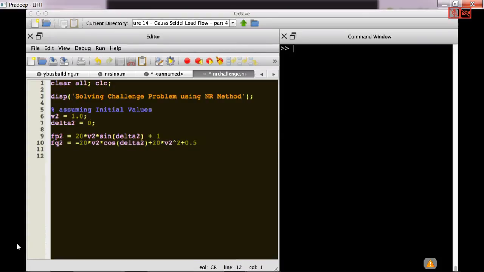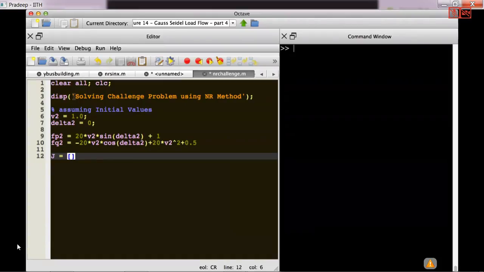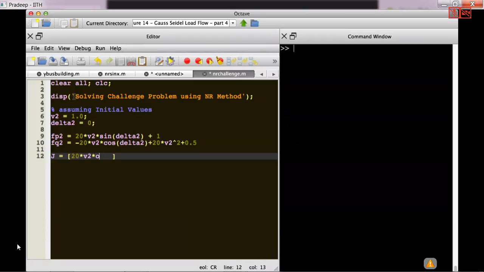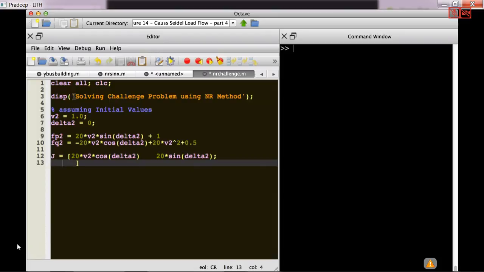Now I should also calculate the Jacobian matrix. So my capital J equals, it will have four elements. The first element is 20 v2 cos delta 2, we just now solved it: 20 into v2 into cos of delta 2. The second element will be 20 sine delta 2. The third element is 20 into v2 into sine of delta 2.